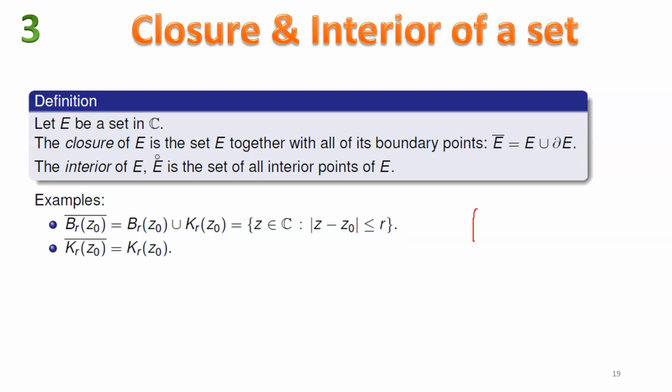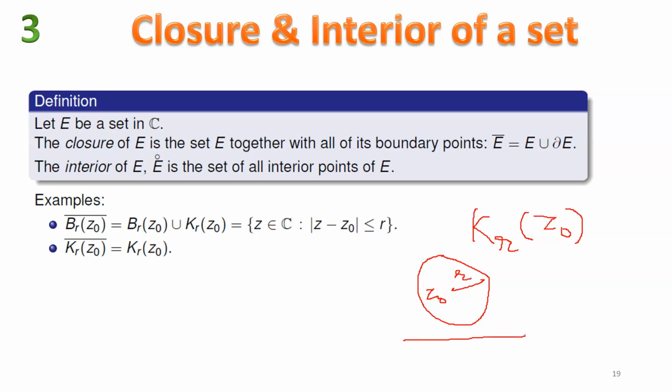Now K_R represents a circle of radius R which is centered around a point Z0. So this is a circle of radius R. The point at the center is again Z0, and the radius of the circle is R. This is in the complex plane, wherein the x-axis we call the real axis and the y-axis we call the imaginary axis.